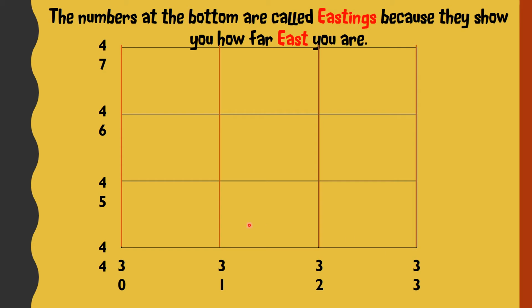These are the numbers at the bottom, so 30, 31, 32 and 33, and anything along this 30 line would have that grid reference of number 30. Anything here would be 31, anything here 32, and anything on here would be 33. An easting, these numbers at the bottom, shows how far east you are.